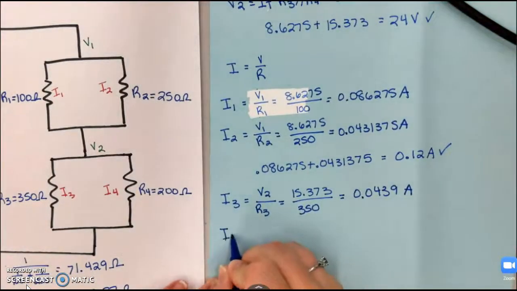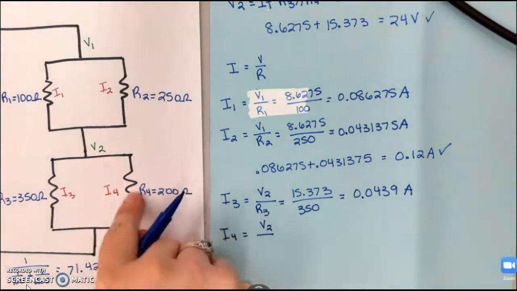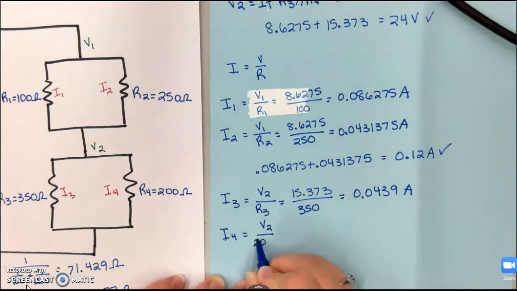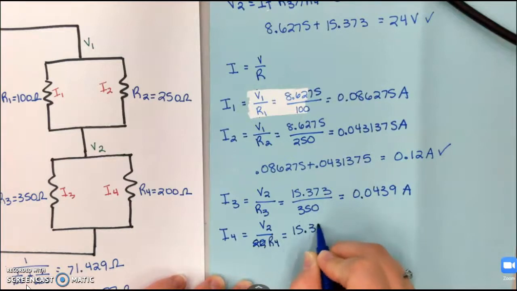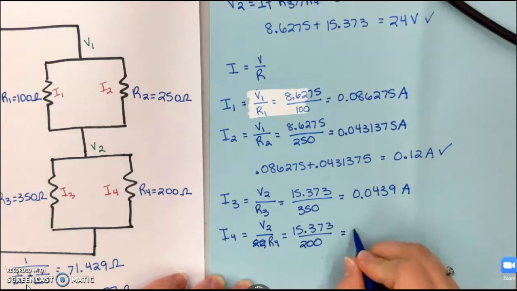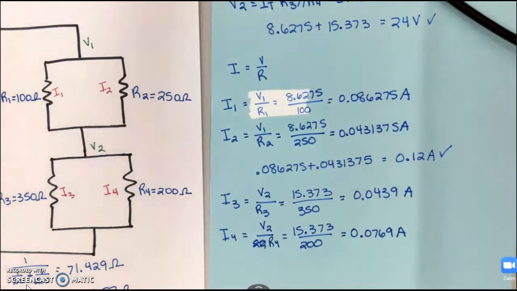And then for current 4, we're still going to use this V2 because that's the same voltage across resistor 4, and we're using the resistance from resistor 4. And that gives us 0.0769 amps. And again, our total current should equal the sum of these two values.